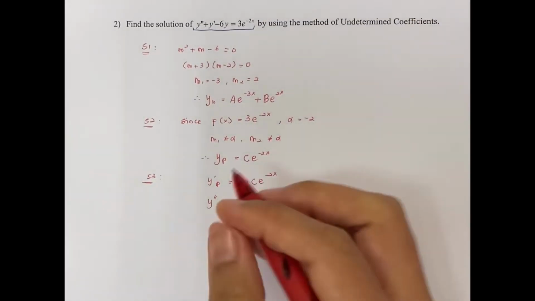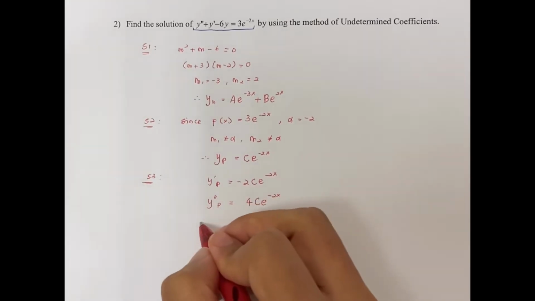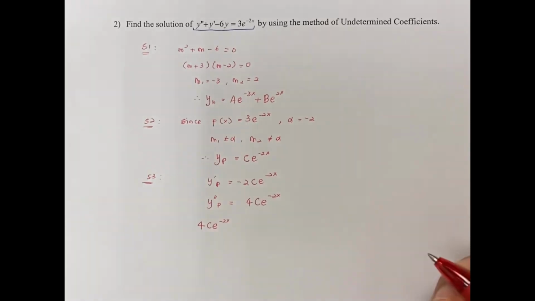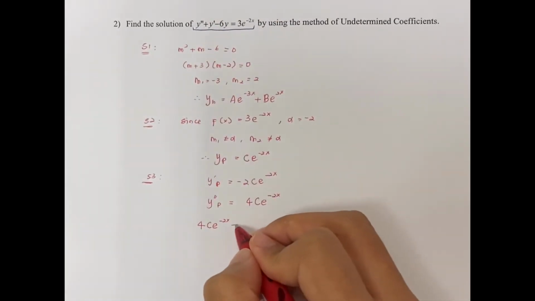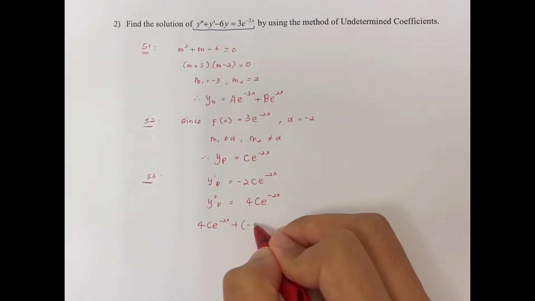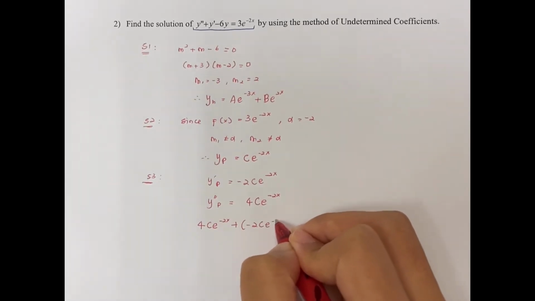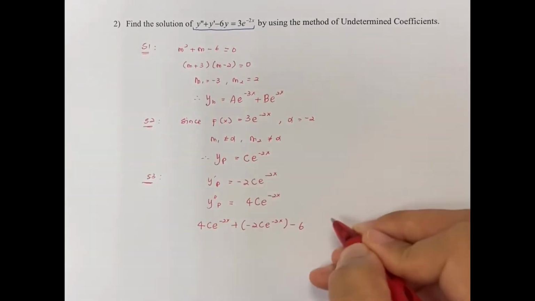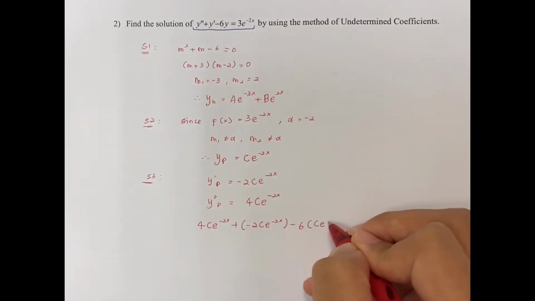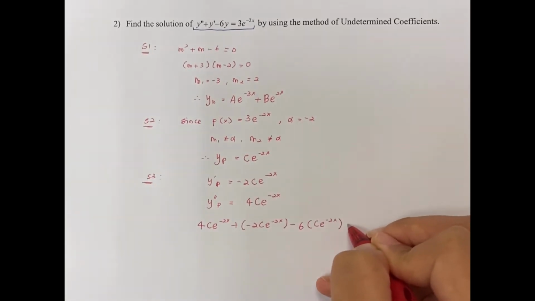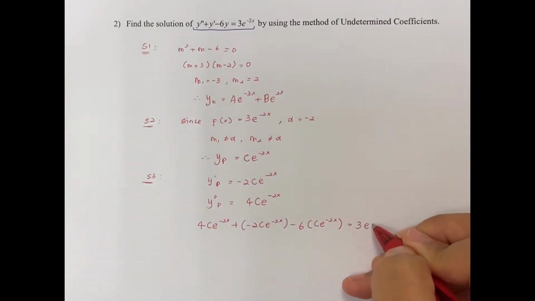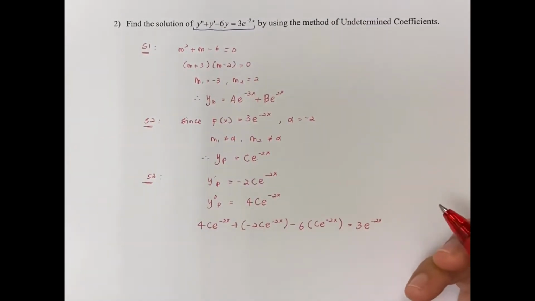So you have 4C e to the negative 2x plus negative 2C e to the negative 2x minus 6C e to the negative 2x equal to 3 e to the negative 2x.